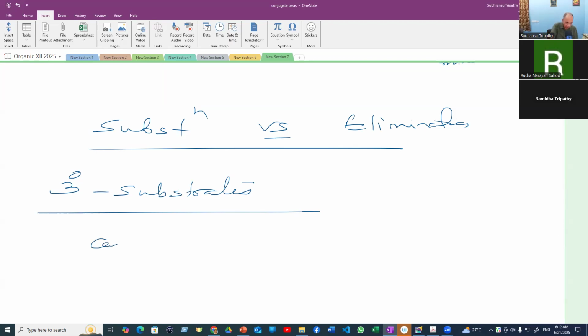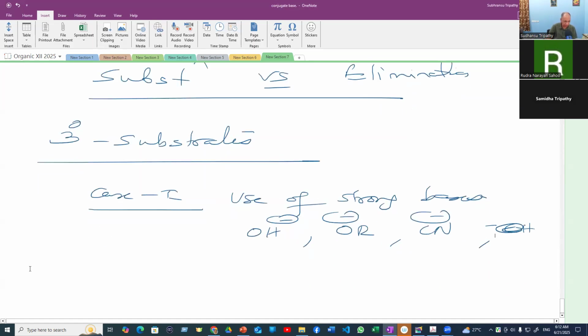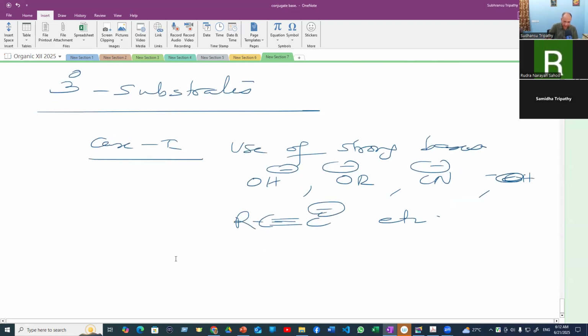And there will be two cases. Case 1: use of strong bases like OH minus, OR minus, CN minus, alkynide ion, etc. Even alkyl carbanion, etc. In this, what will be the major product?